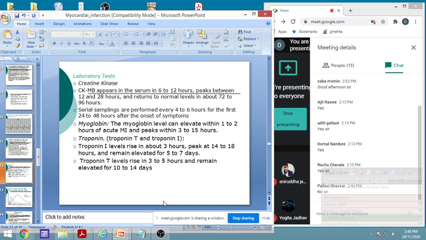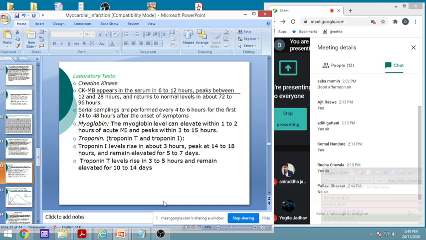Since CK can increase even during other muscular injury, it is advised that you take the ratio of CKMB to CKM. When CKMB comparatively increases too much, it shows a sign of myocardial infarction.